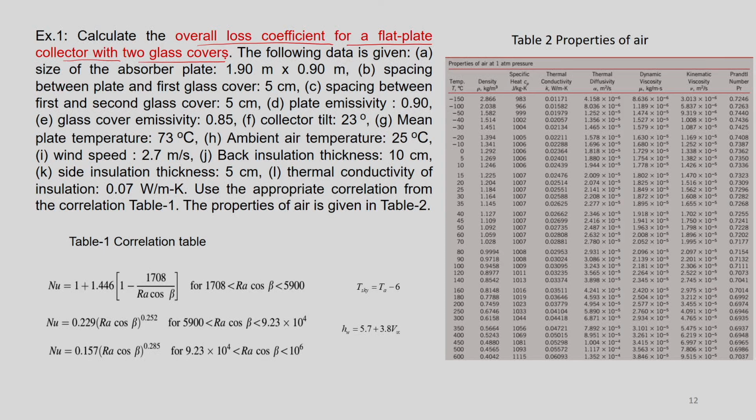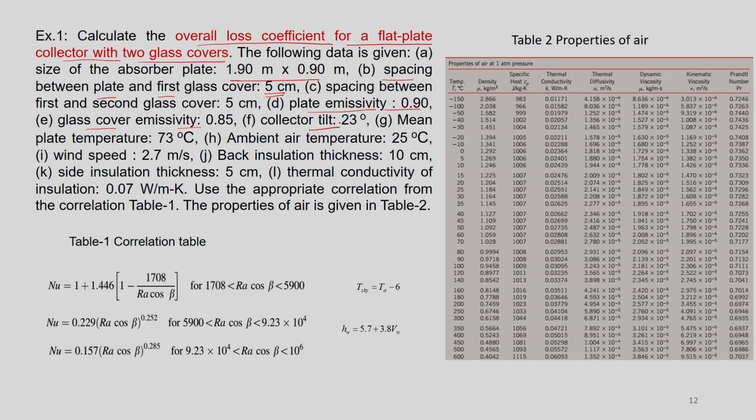Okay. The following data is given: the size of the absorber plate, the spacing between the plate and the first glass, the spacing between the first and second glass, then the plate emissivity, then the glass cover emissivity, okay.